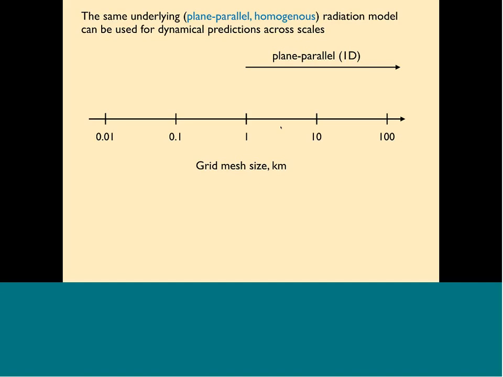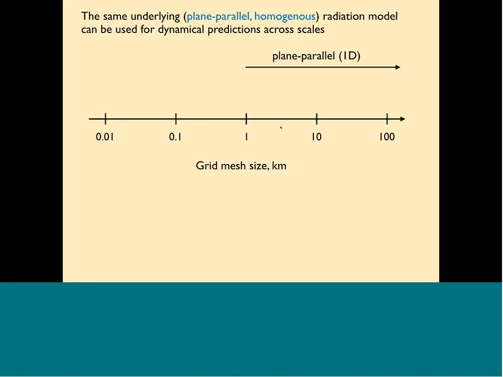Whereas in clouds, the extinction and the opacity are much higher, but the mean free path is substantially shorter. So it's quite a fair assumption to make this one-dimensional radiative transfer assumption across scales from 1 kilometer out to 100, so grid sizes from the kilometer scale to the 100 kilometer scale.